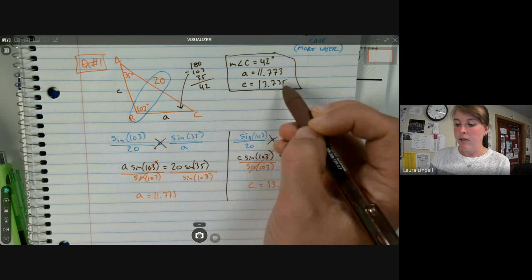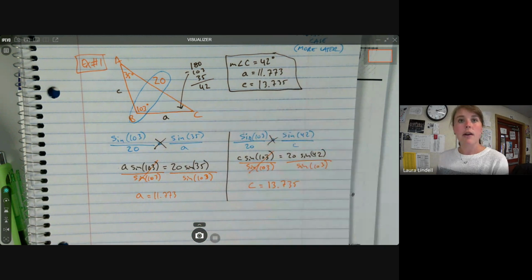C is 13 point something and A is 11 point something. So that's a good indicator that we probably got the right answer, or at least an answer that's reasonable, right? We're going to be checking, is our answer possible? Is it reasonable?